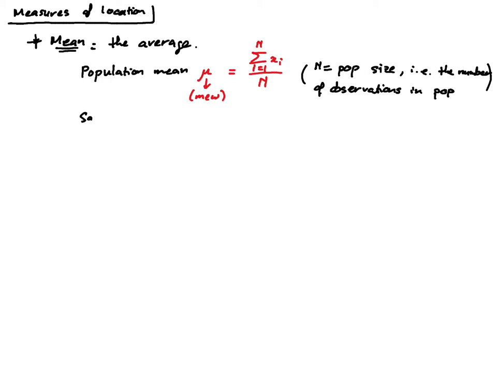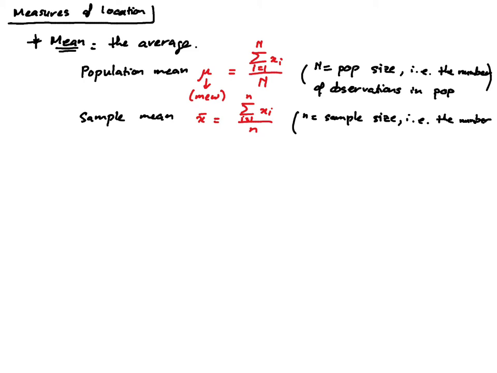So we calculate the sample mean, which is denoted by x bar, by taking the summation of xi for i going from 1 to small n divided by small n, where small n is the sample size, or the number of observations in the sample. Okay.